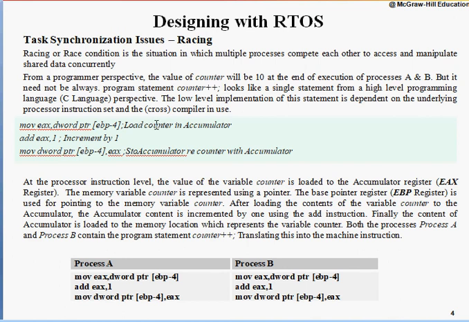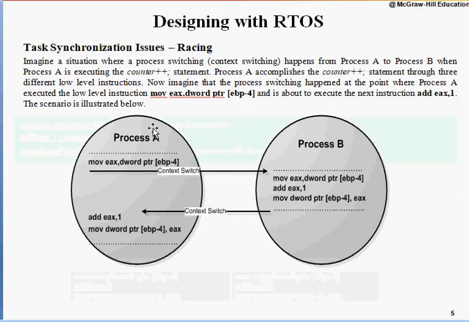This is basically what counter plus plus does when we translate it into assembly code. Then process A's counter plus plus would look something like this, and process B's counter plus plus will also have the same commands.